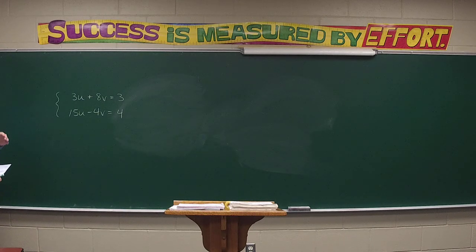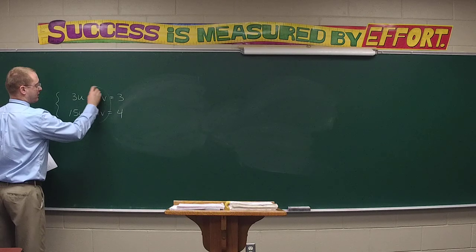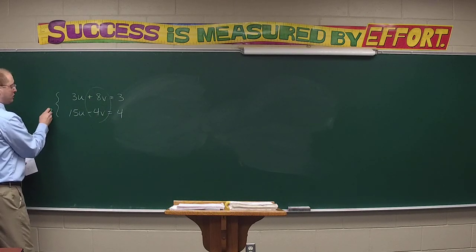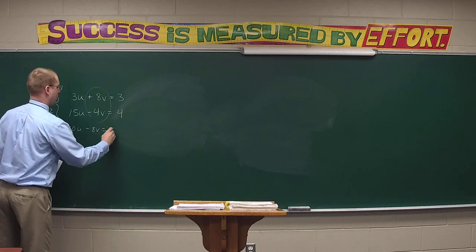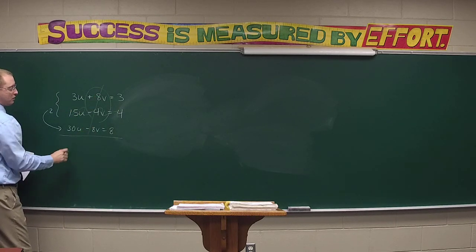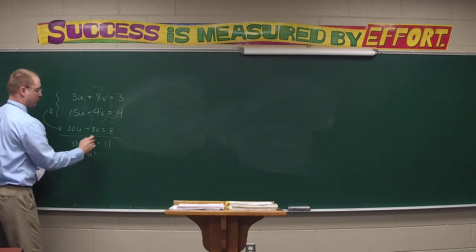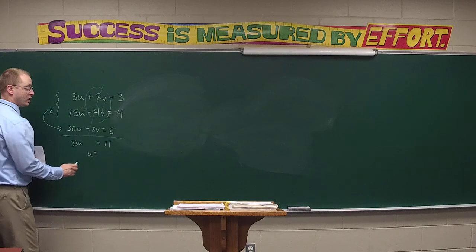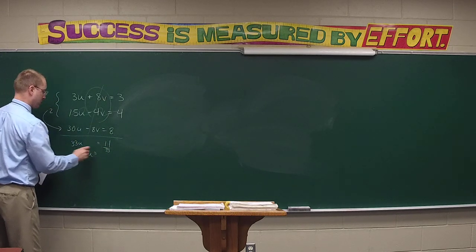So I'm assuming you went addition and you knocked out the v, multiplying the bottom by 2. That allows then the v's to cancel, giving you 33u equals 11. So u is equal to, careful here, not dividing 33 by 11 to get 3. 11 divided by 33 gets 1/3.